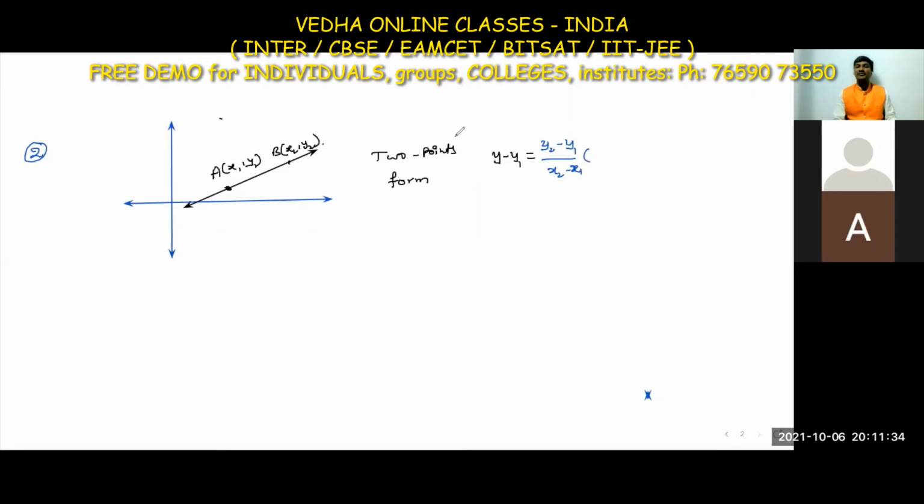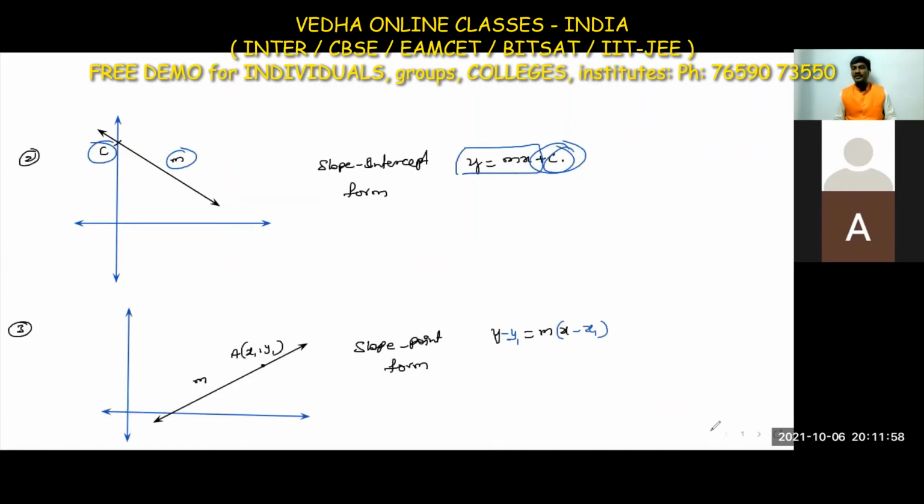We replace the slope: y minus y1 is equal to y2 minus y1 divided by x2 minus x1, into x minus x1. This formula is the 2 points form.